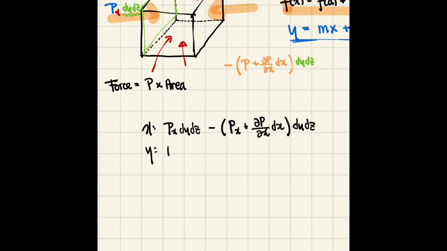For the y direction, it will be py dx dz minus the pressure y plus partial p partial y dy times dx dz.